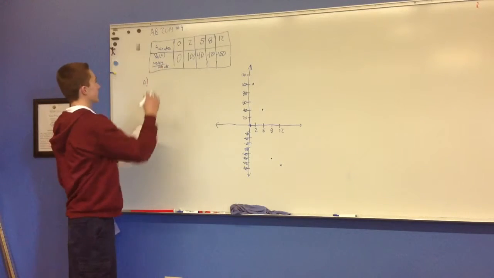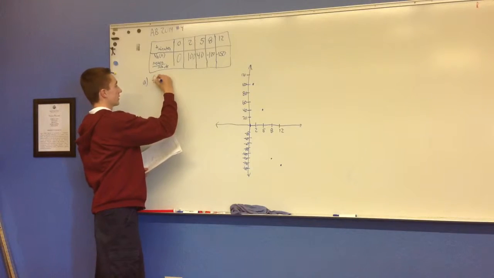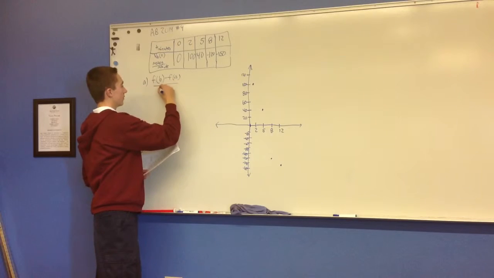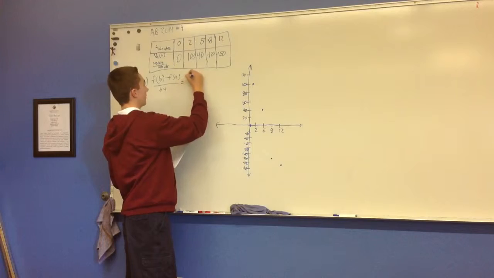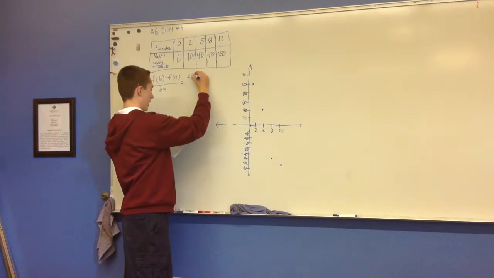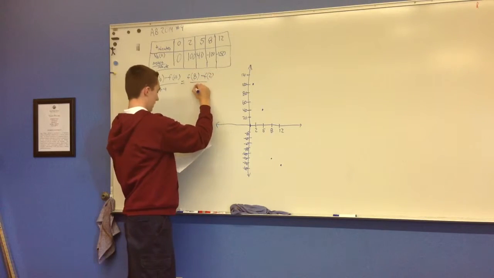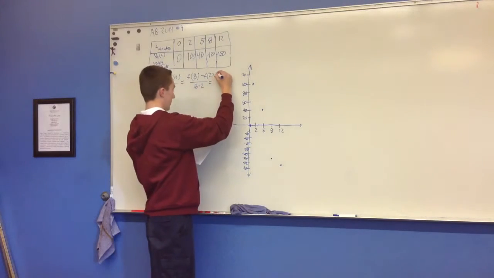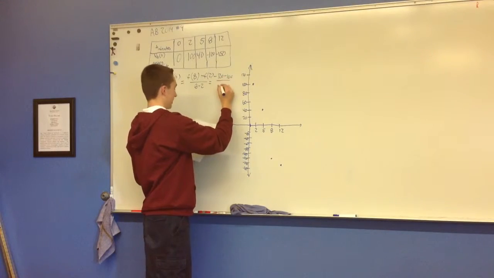Since we have the velocity, we need to find the acceleration. So we'll use this equation again, where it's f of b minus f of a over b minus a. So we'll do the points. It's f of 8 minus f of 2 over 8 minus 2, which is negative 120 minus 100 divided by 6.